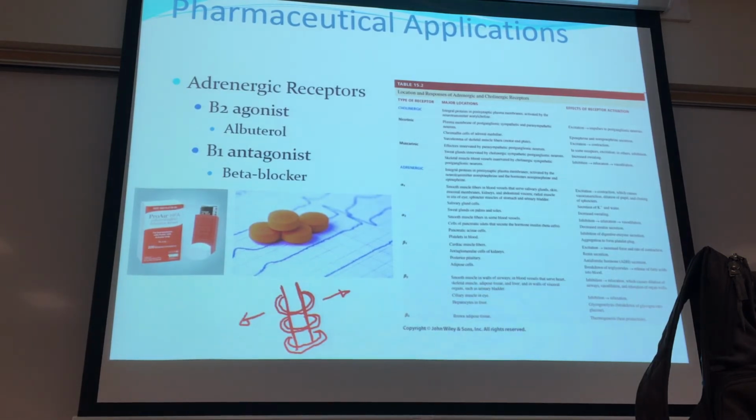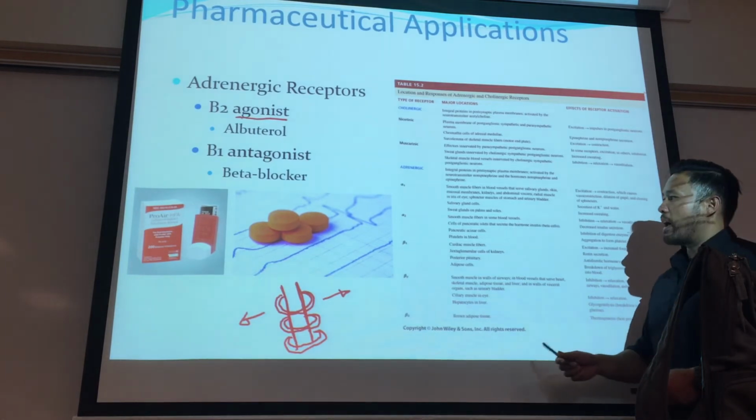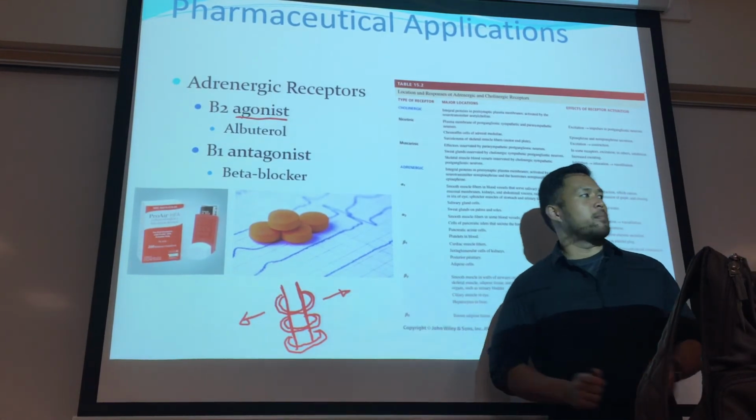Otherwise, if somebody is having, let's say, an asthmatic response, where they're having difficulty breathing, you can use something that's similar to epinephrine, something called an agonist. And that agonist, an example, is albuterol. Does anybody here use albuterol at all? Yeah. So albuterol works specifically on the smooth muscle airways by causing relaxation of that smooth muscle.